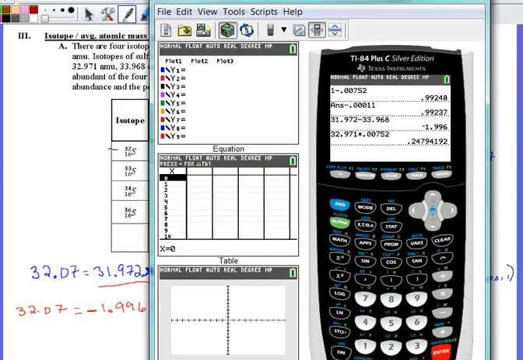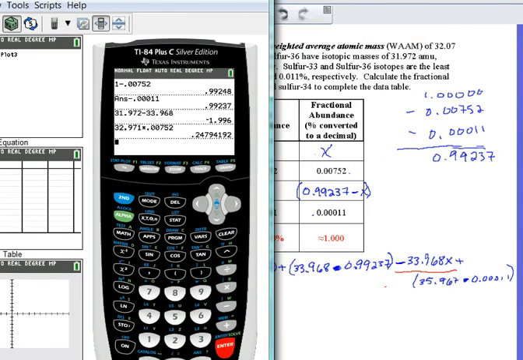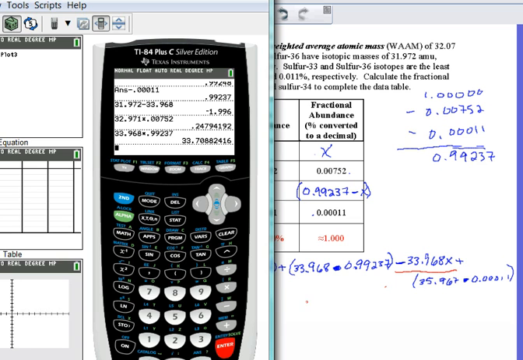And I'll move my calculator over this way again. 33.968 times 0.99237, and I get 1, 2, 3, 4, 5 sig figs. So 33.709.